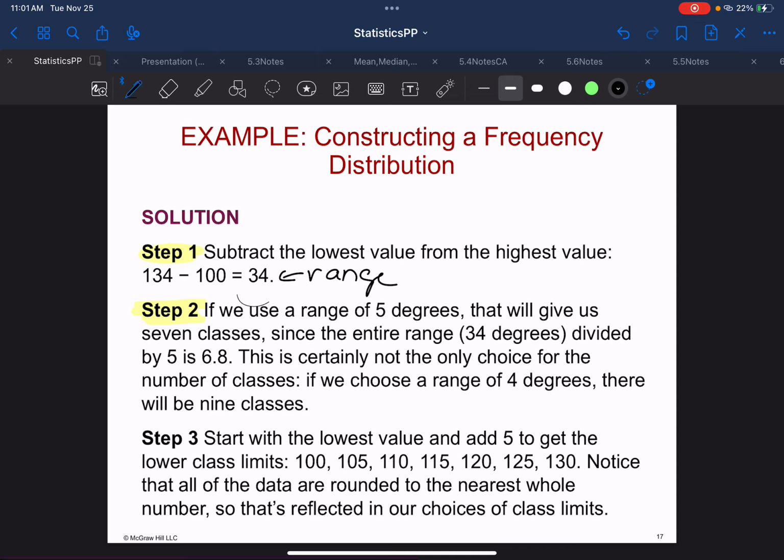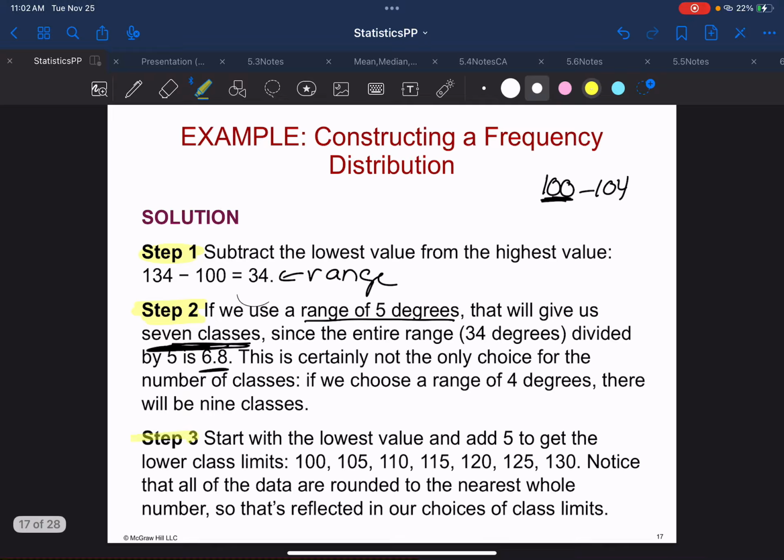If we use a range of 5 degrees, meaning the classes would go from 100 to 104 degrees, because that's 5 numbers, including the 100: 101, 102, 103, 104. That will give us 7 classes, because if I divide 34 by 5, it's about 6.8. So it's not the only choice, but it's a good choice to keep a small amount of classes and a small range for each class.